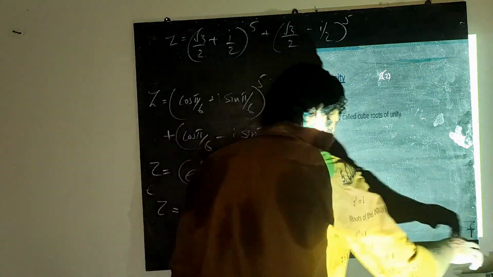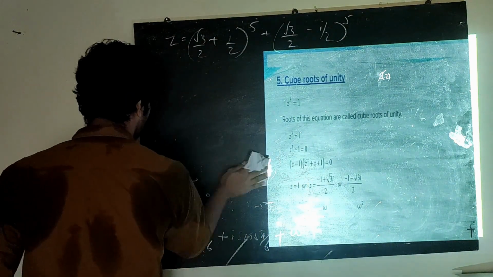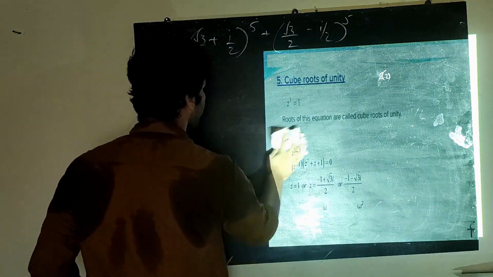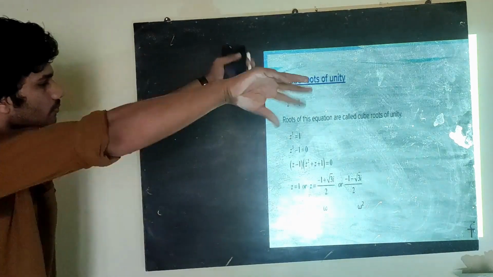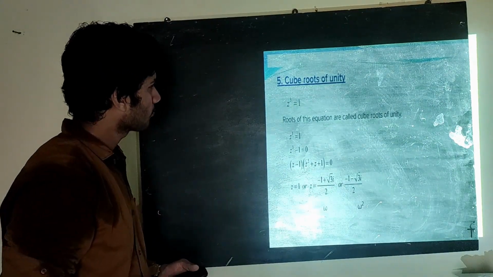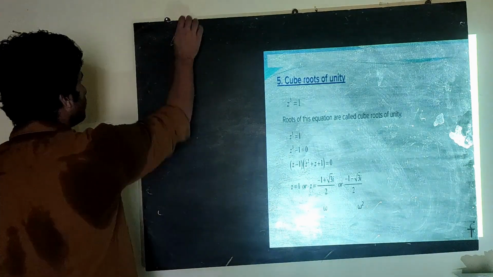Now the most important and the last topic of the day is cube root of unity. A very important and entrance favorite topic. Cube root of unity you must understand very well. So I'll just quickly say that and we'll move to the problem.